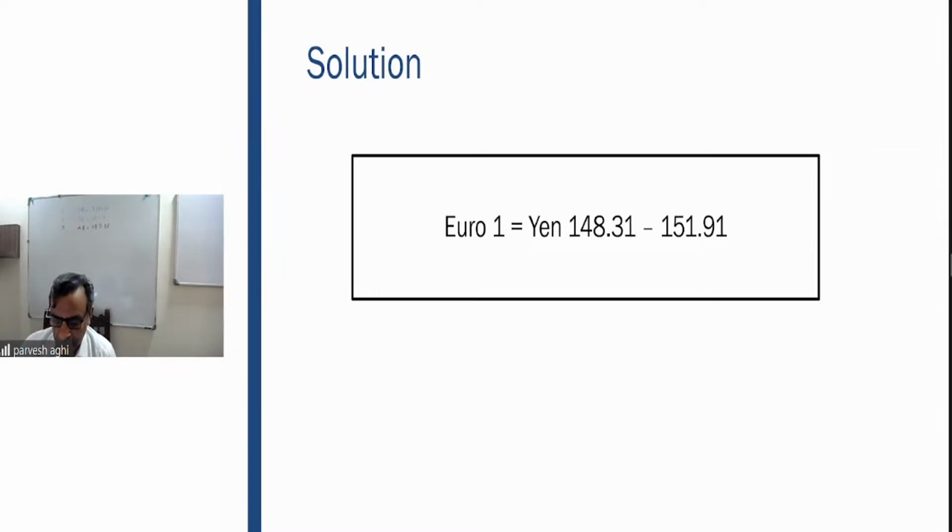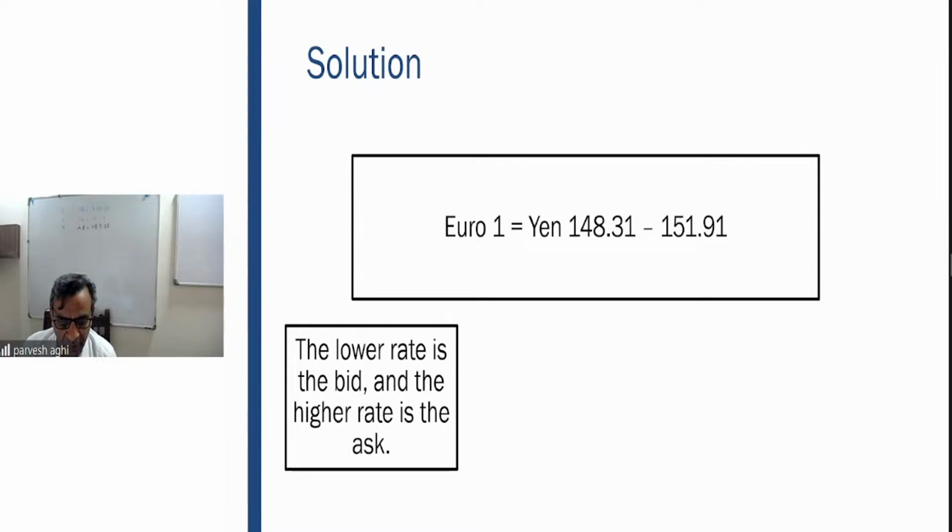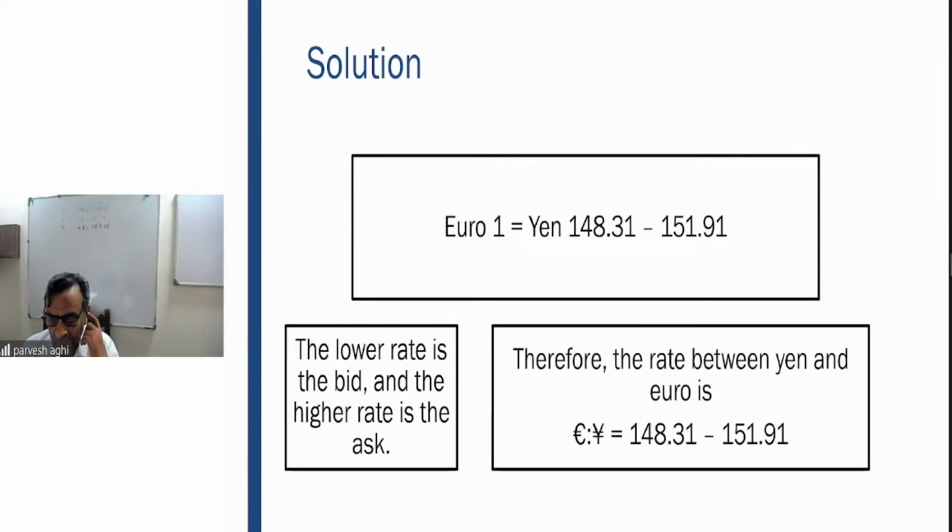The lower rate is the bid rate and the higher rate is the ask rate. Therefore, the rate between the yen and the euro is... Did you follow how to arrive at that, or should I explain it again?